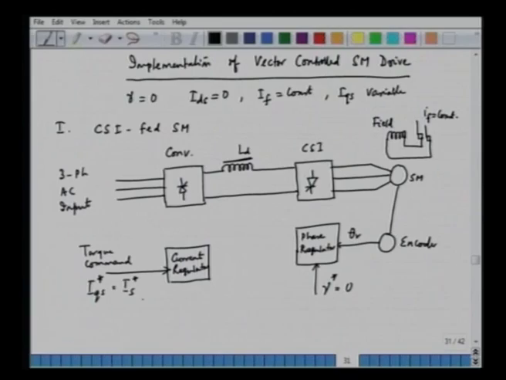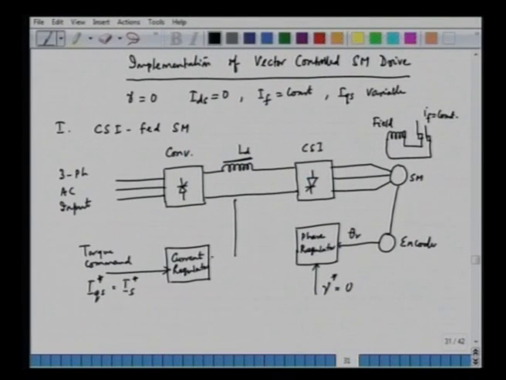We give the command for the stator current through the current regulator, and the current regulator will have a feedback of the DC link current. We have a current sensor here, sensing the inverter input current, and then the triggering signal is generated and the converter is controlled so as to achieve the current regulation.